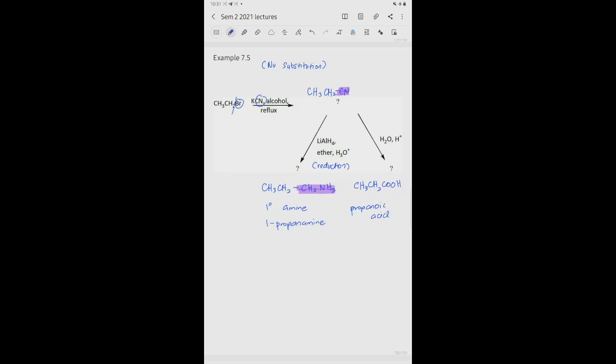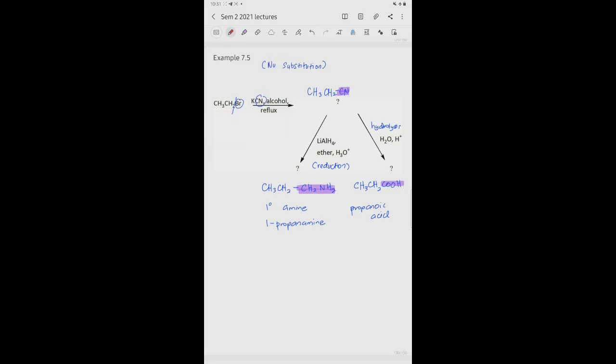But the difference in the product here, when it undergoes hydrolysis, for the reaction of reduction and hydrolysis, let me write the word hydrolysis first. This is hydrolysis.